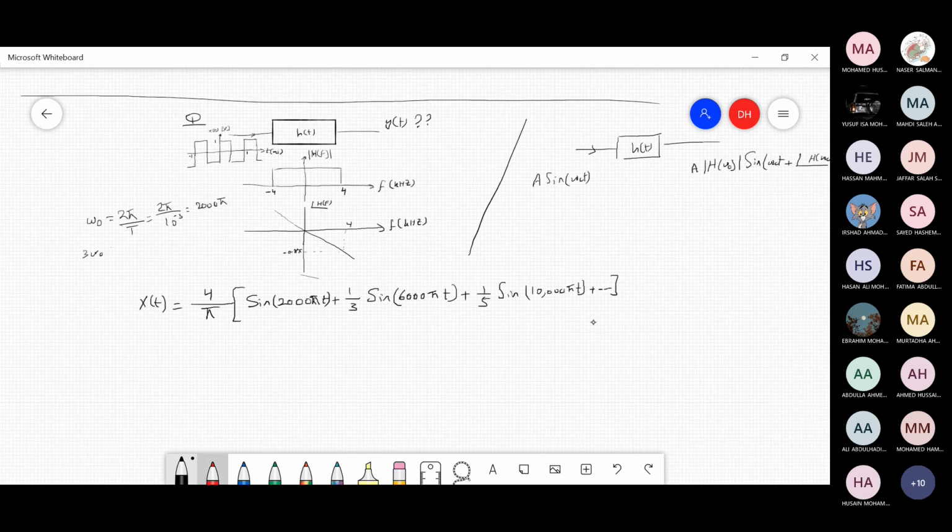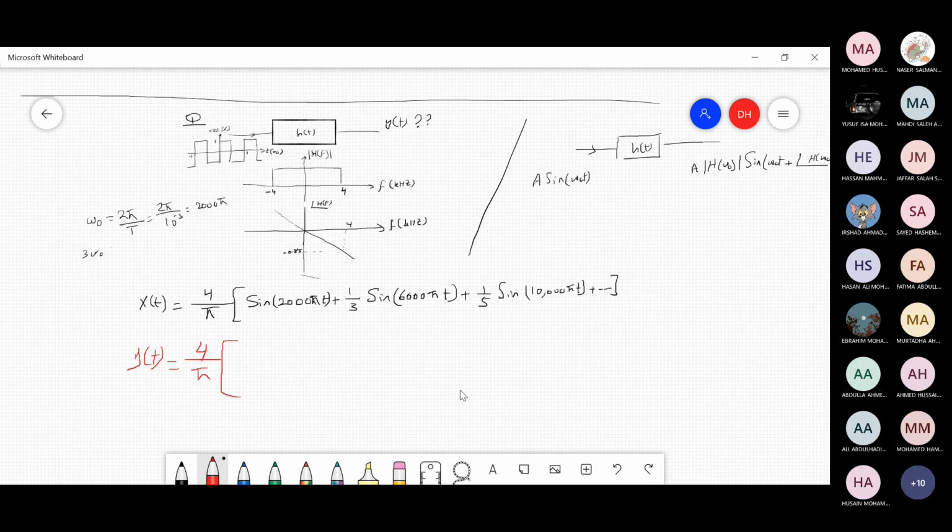So y of t, this is constant. Okay, go for the first one. It is a, the constant. So here it is equal to 1 multiplied by magnitude of omega naught. So omega naught here is equal to 2000 pi, but here it is given in f.